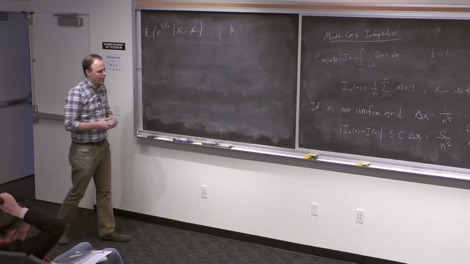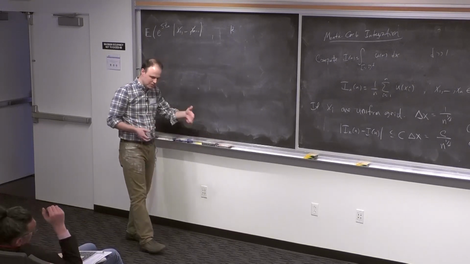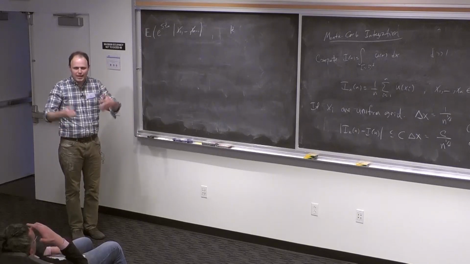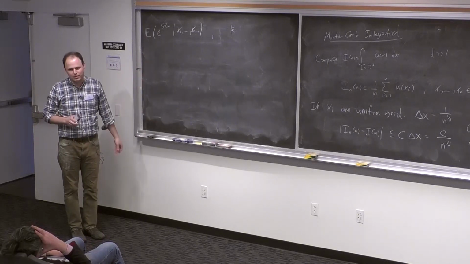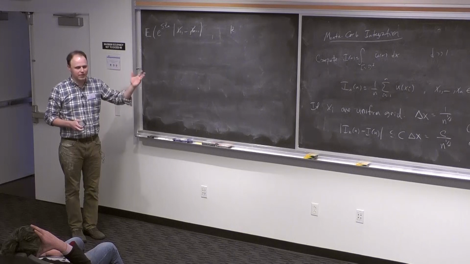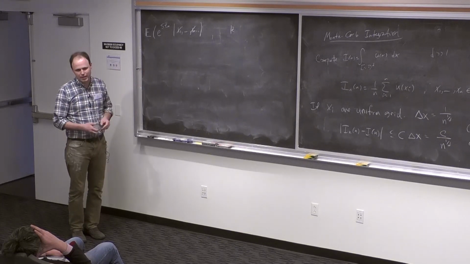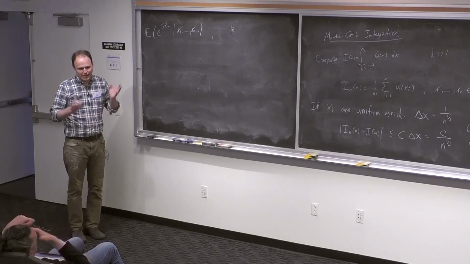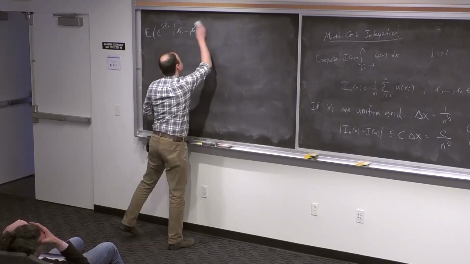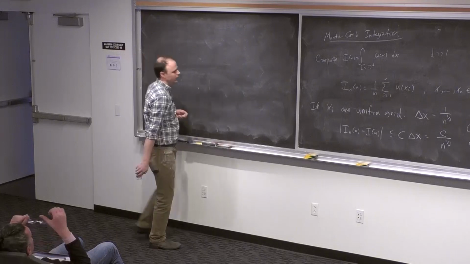And if you look in my notes and at the references I give, there are massive textbooks written on these concentration inequalities, and there are probably hundreds of other variants under different conditions. Lots of them have the same kinds of proofs. I can't claim that all of them do, but. All right.